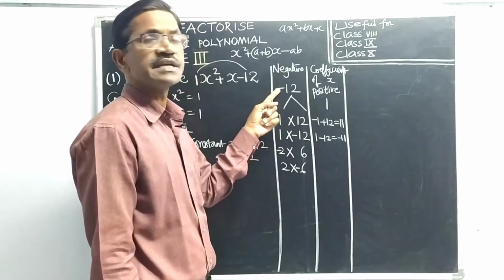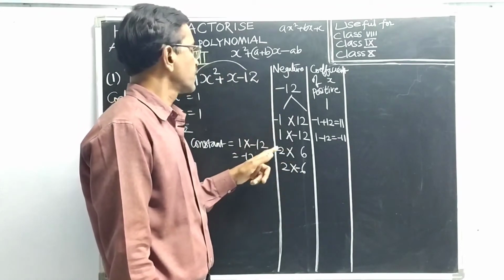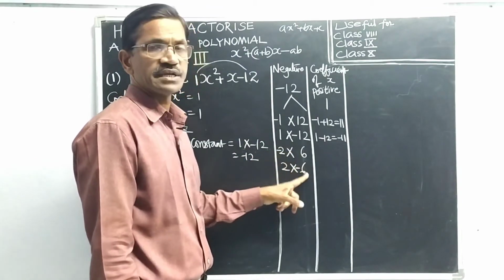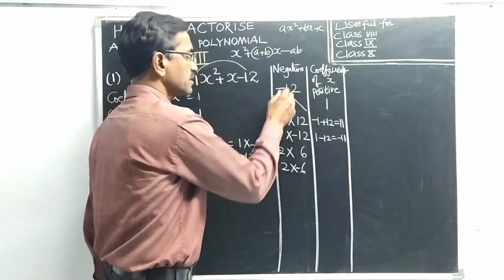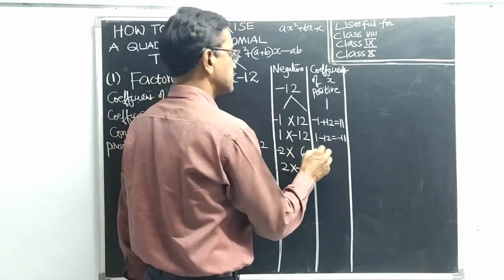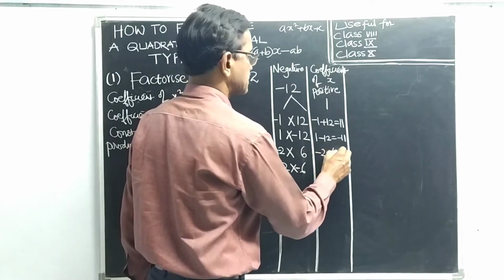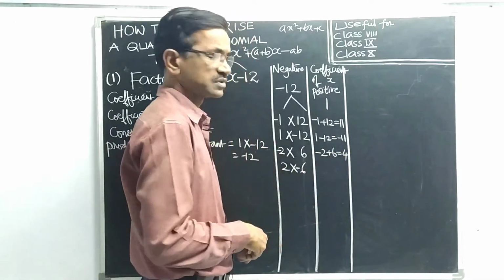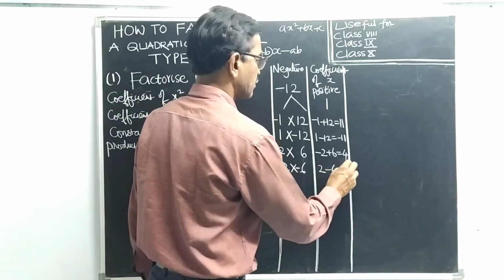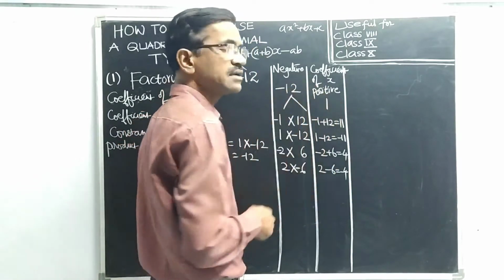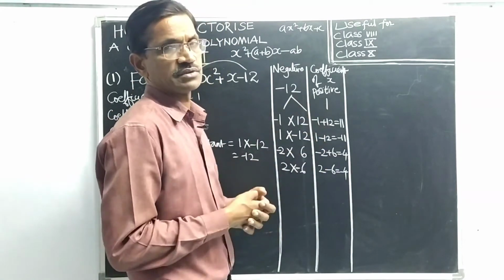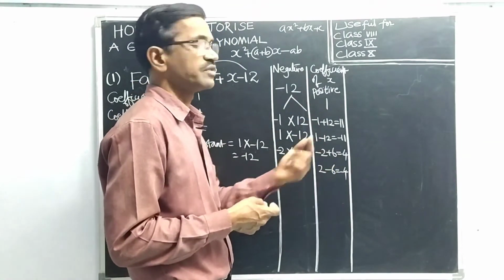When the product is negative, we should take one positive and one negative. 2 into 6 is 12: minus 2 into plus 6, or plus 2 into minus 6. Now add these two: minus 2 plus 6 is equal to 4. Here 2 minus 6 is equal to minus 4. Did we get 1? No. By adding these two we didn't get 1, so this is not useful here.